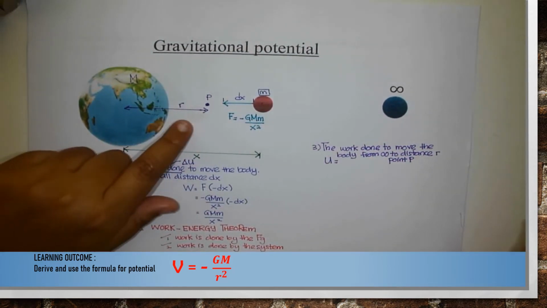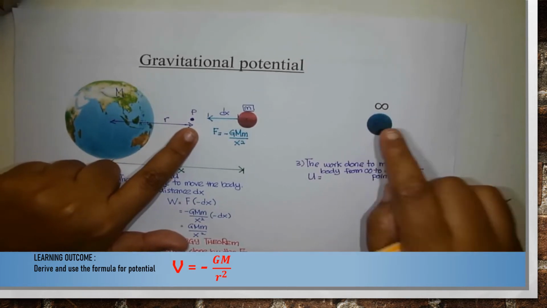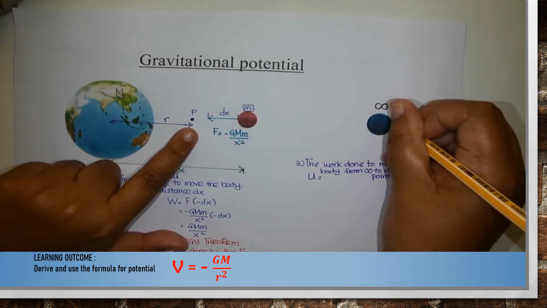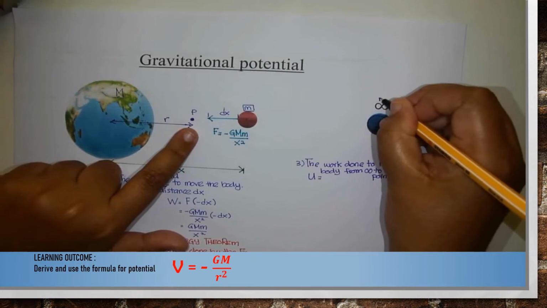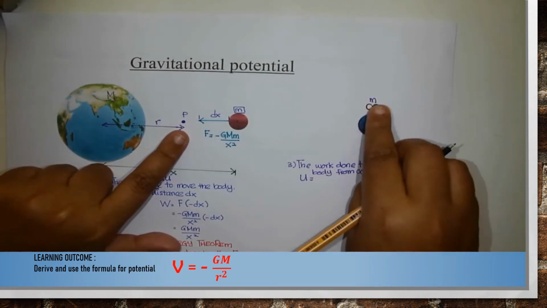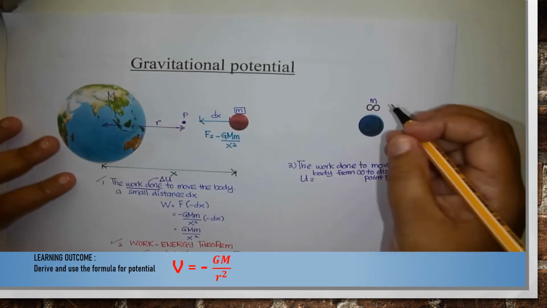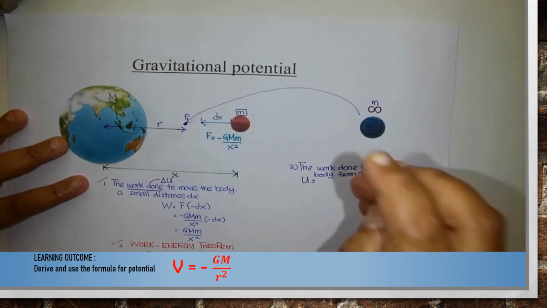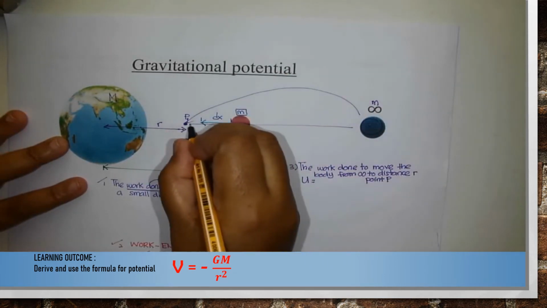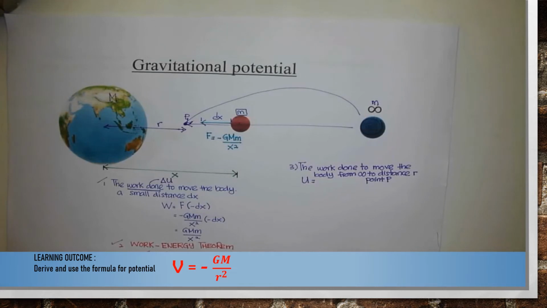So what is the work done to bring a body of mass m, the same mass m, from infinity to point P? We're going to bring the body from infinity to point P.